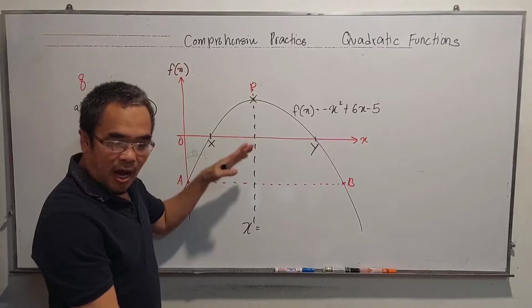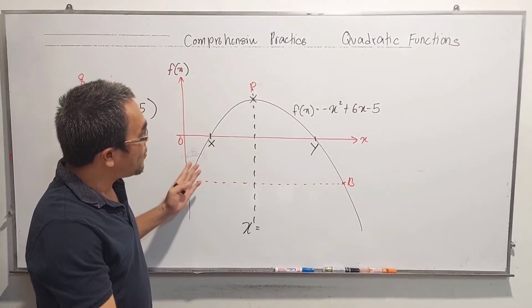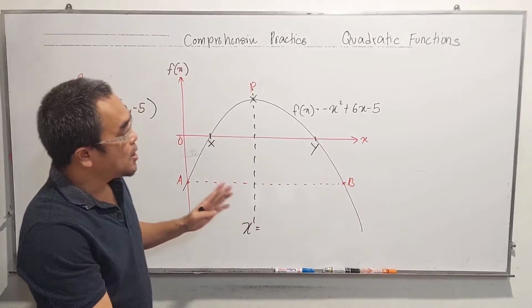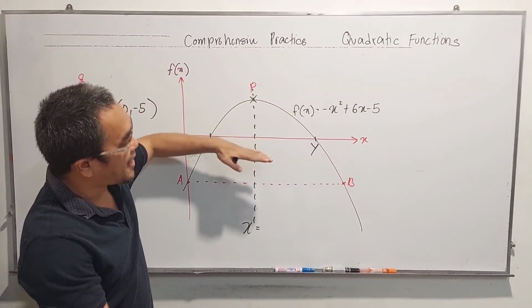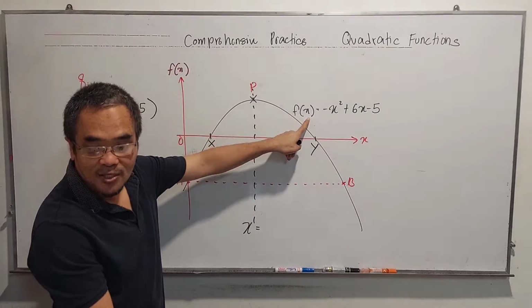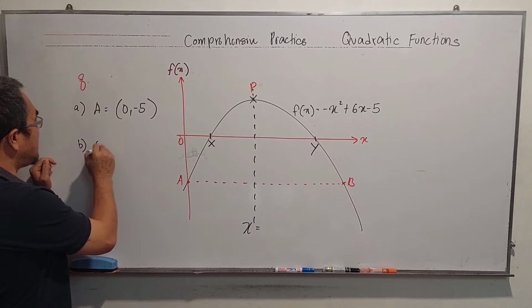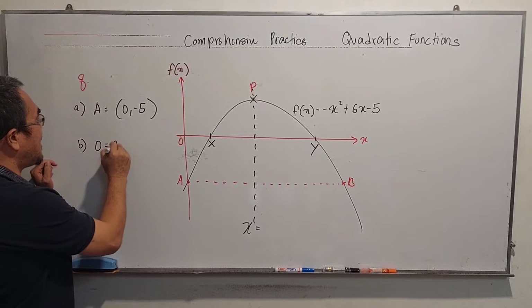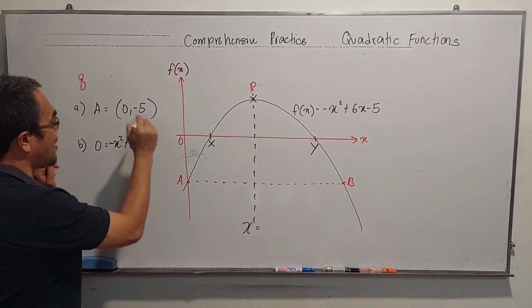The intersections of the graph with the x-axis are what we call roots. Because at the intersection with the x-axis, the value of f(x) will be 0. So you can say 0 equals negative x squared plus 6x minus 5.